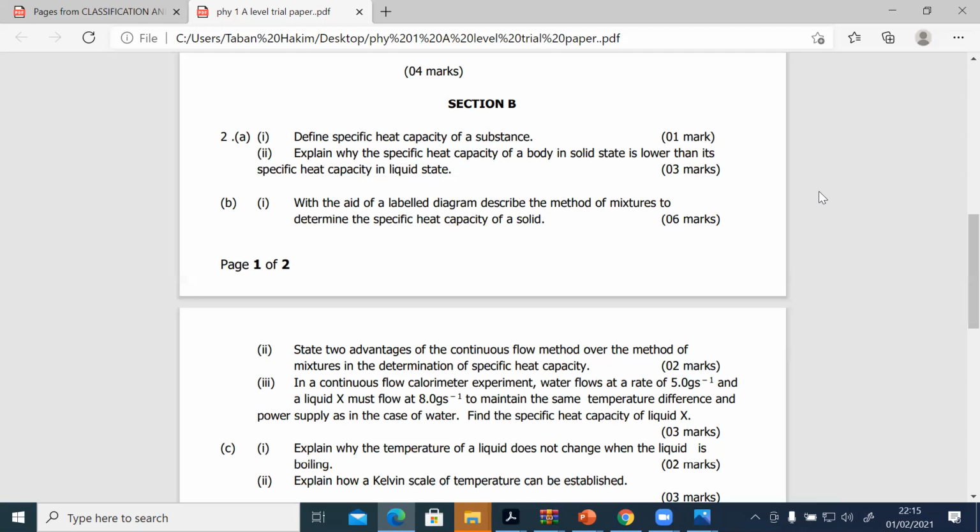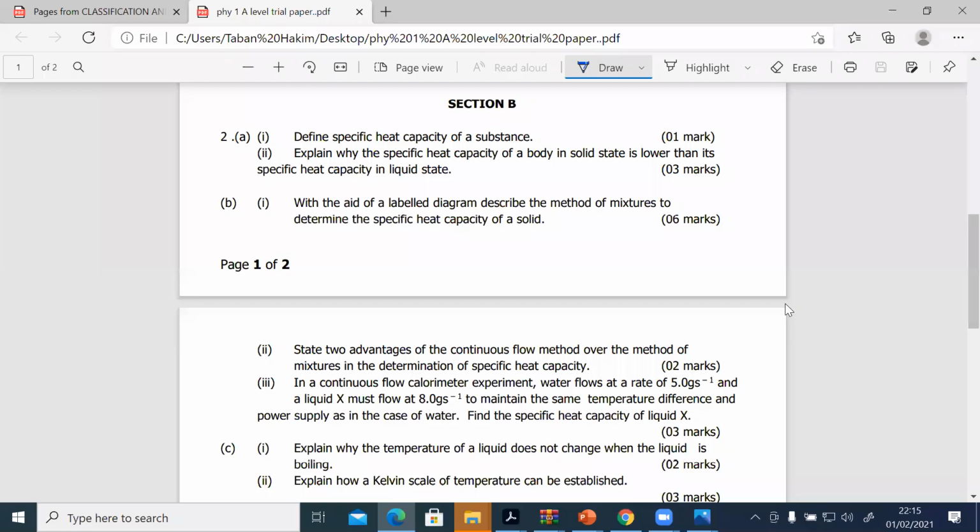That's the lower specific heat capacity. Hence the low specific heat capacity. Okay. Would I be able to give you the 3 marks here? I'm not sure.